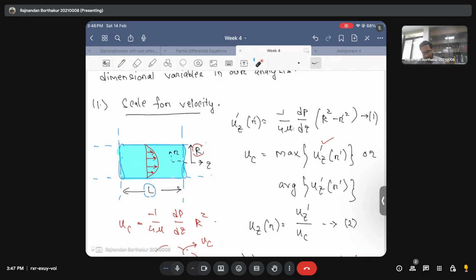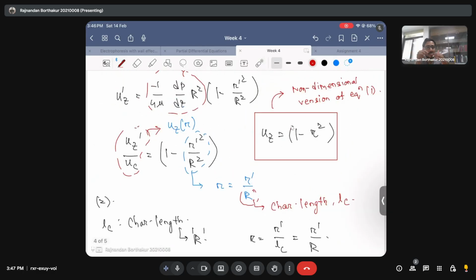The reason is, see, the velocity profile that we have actually varies when we move along the R direction in this scenario. The velocity profile is kind of invariant when we move along the x direction, to be precise. So we need to choose that length on which we are seeing an appreciable change of the variable of interest typically. Okay, so that's the third aspect of choosing a characteristic variable: you must choose the length scale in such a way that you see an appreciable change in the quantity of interest.